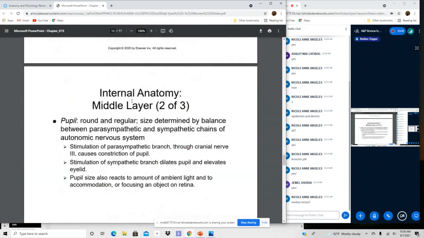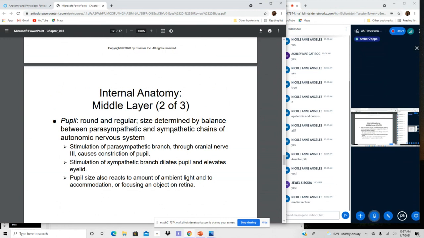The pupil should be round and regular, and the size is determined by the balance between the parasympathetic and sympathetic chains of the autonomic nervous system. Remember, the parasympathetic nervous system is the rest and digest part, and sympathetic nervous system stimulation causes our fight or flight response.